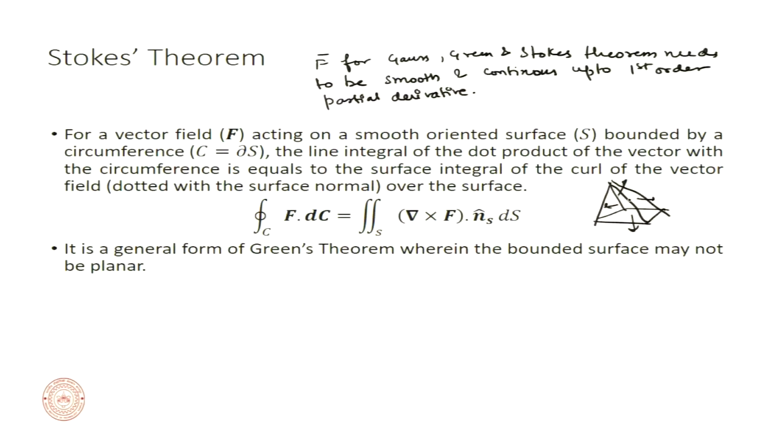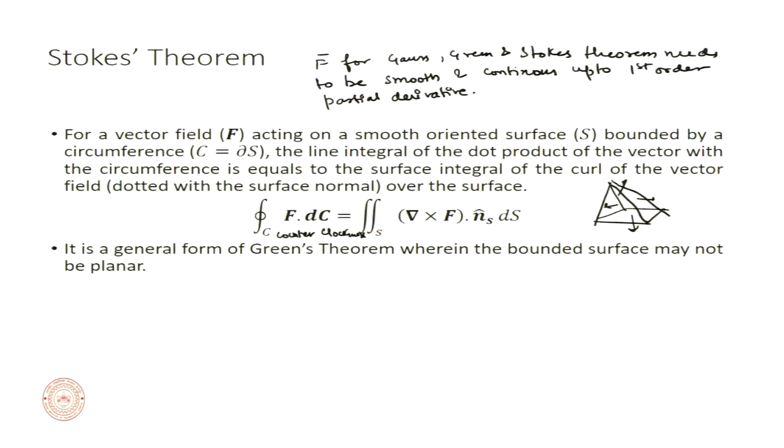If we have a 3D surface which is bound by a circumference c, that is del s, then Green's theorem can be taken up to Stokes' theorem, in which the cyclic integral in the counterclockwise direction of f vector dotted with dc, that is the circumference, equals the surface integral of the curl of f vector dotted with the surface normal.